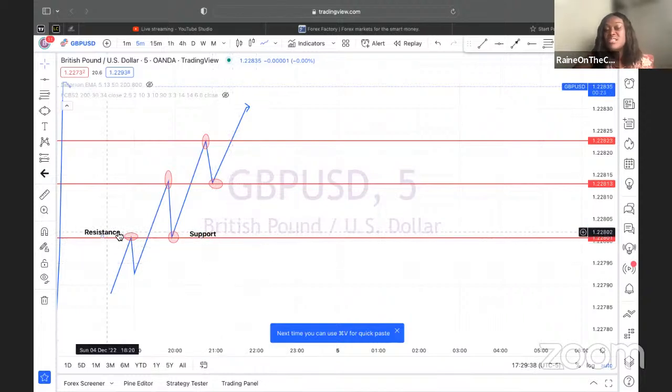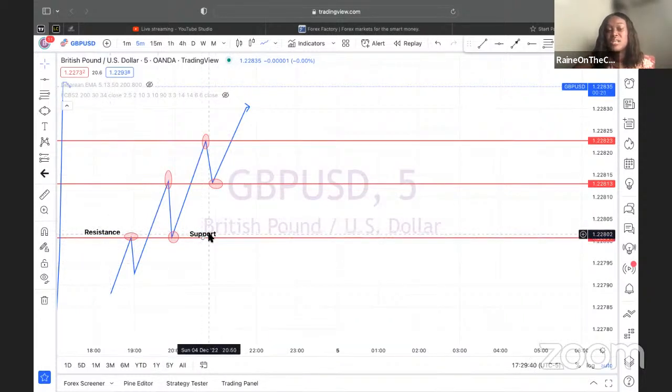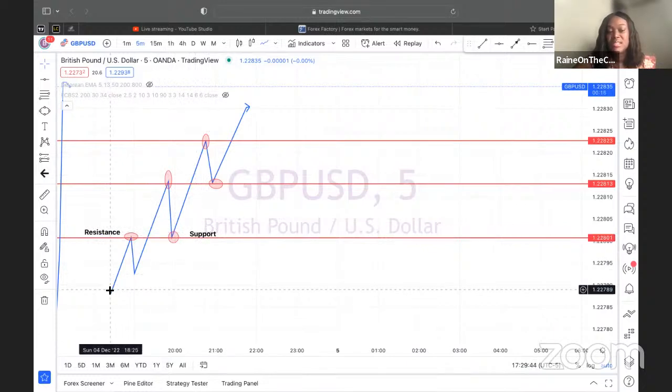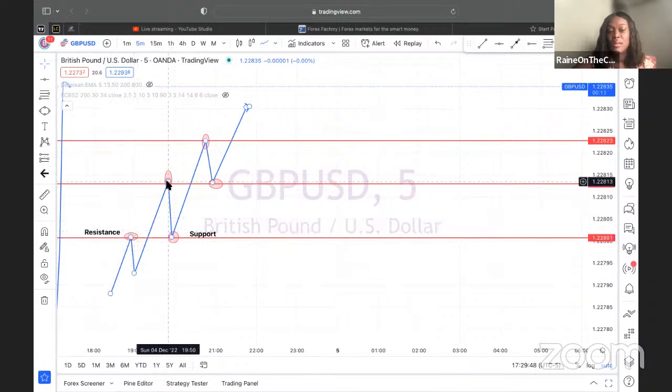So when resistance becomes support, I'm looking to buy. So in an uptrend, I'm buying the ceiling because it breaks out, but I'm waiting on it to come back to where it was the ceiling before. It is now support, right? Then when it breaks out again, I'm waiting for the pullback again to then get in to continue going up.